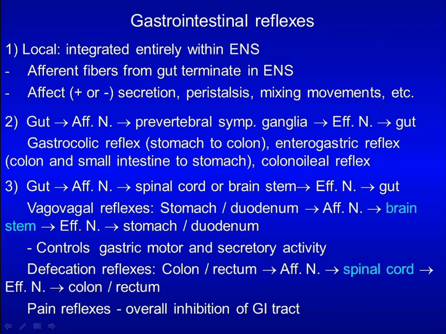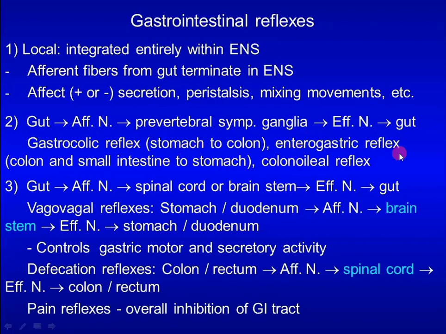Second type is reflexes that transmit signal from the gut through afferent nerves and prevertebral sympathetic ganglia, and then back to the gut. Examples include gastrocolic reflex, in which signals from the stomach cause evacuation of the colon.